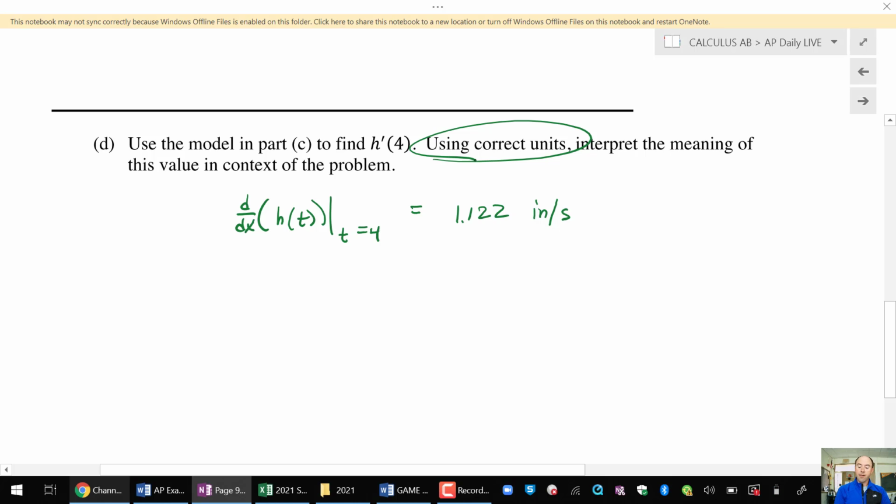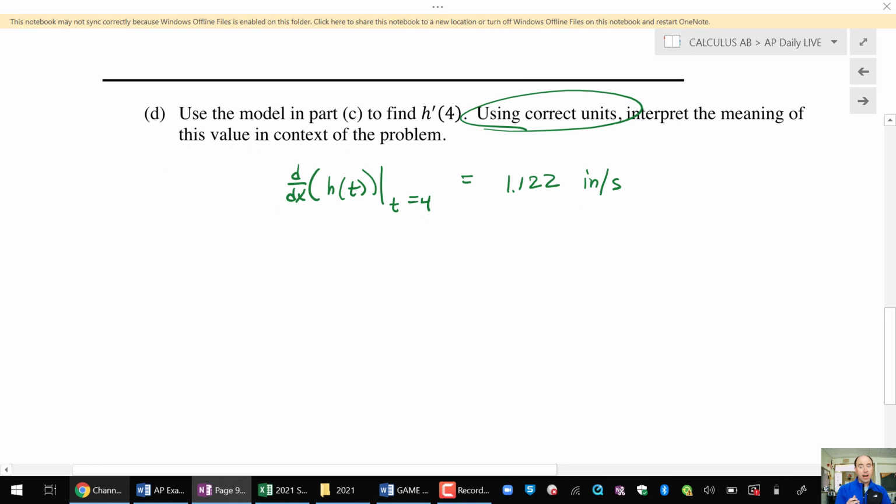Interpret the meaning of this value in context of the problem. So that means we want to write a sentence. At time 4, what is changing here? Well, the height of water, and specify which vase we're talking about since we have two different functions.